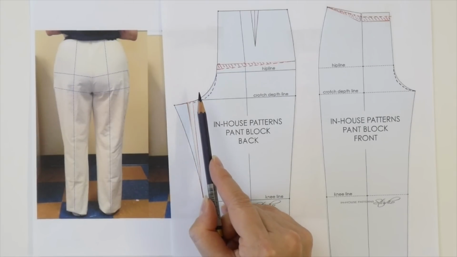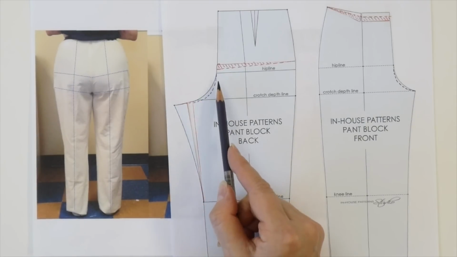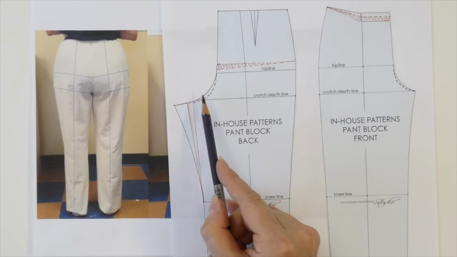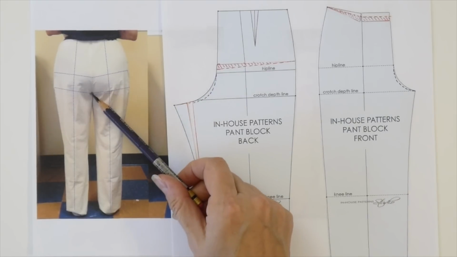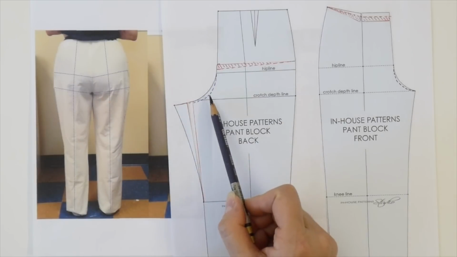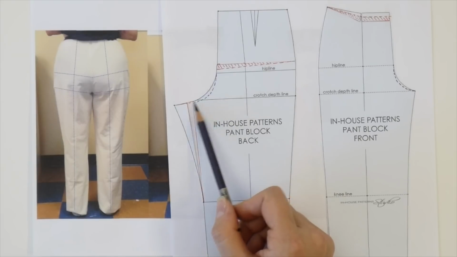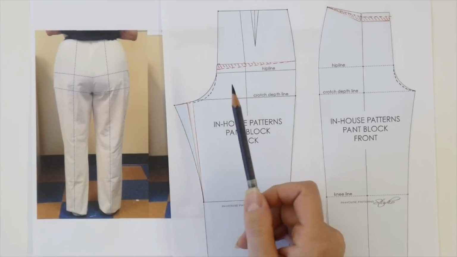This is going to help you assess how much it is. How much to scoop is something that you're going to have to experiment with by pinning out and seeing how much. I would start with about 3/8 of an inch at a time. You don't want to scoop too much because you'll also create an ill-fitting or a tight crotch area. So you want to be conservative as you move along.